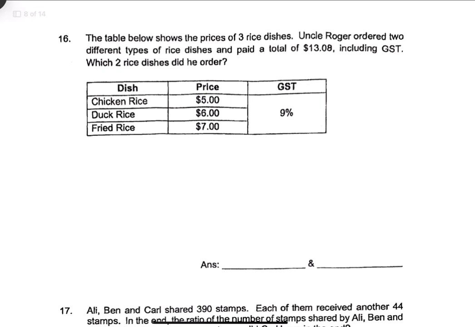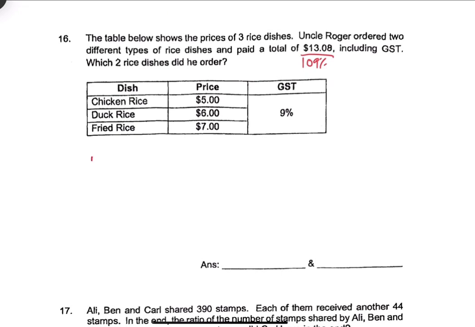The table below shows the prices of 3 dishes. Uncle Roger ordered 2 different types of rice dishes and paid a total of $13.08, including GST. Which 2 rice dishes did he order? GST is 9%, which means this is 109%, because he paid GST.